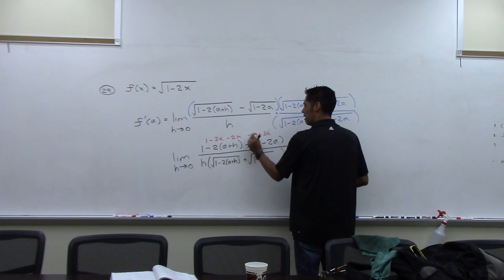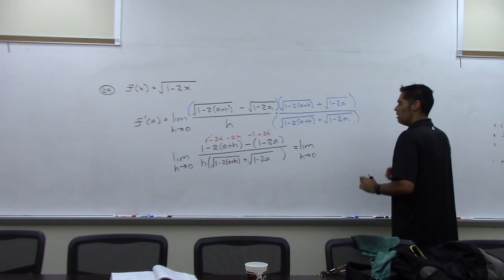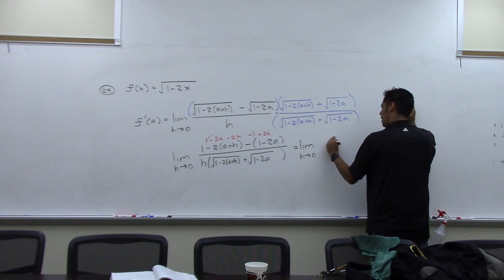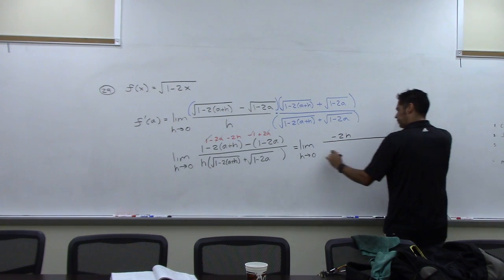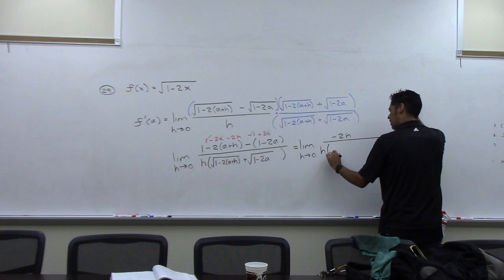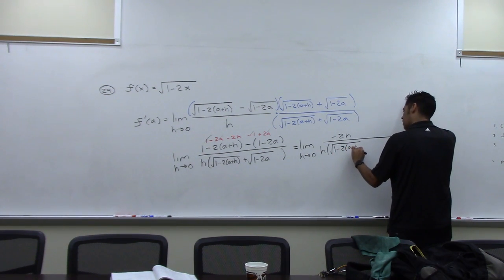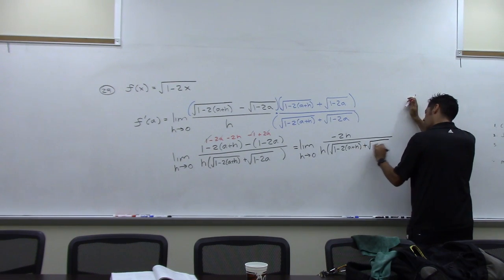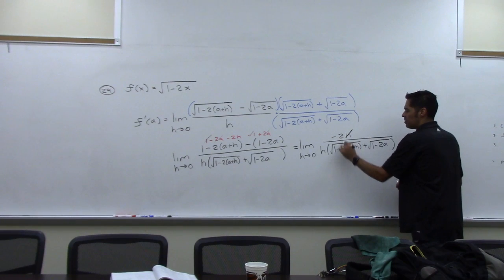Minus 1 plus, so minus, and that means those 1's go away also. Even better. All I'm left with is negative 2h on top. And then the bottom is h times this thing, square root 1 minus 2 times a plus h plus root 1 minus 2a.